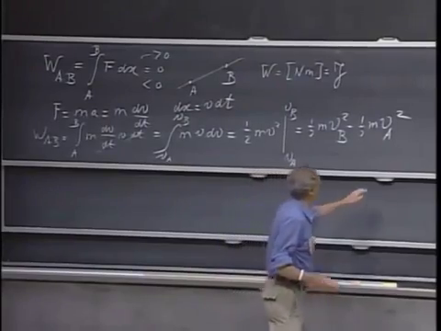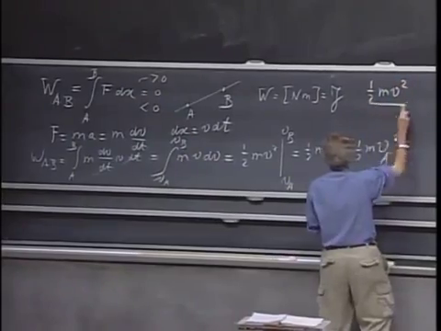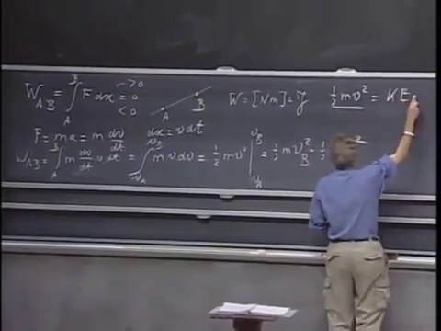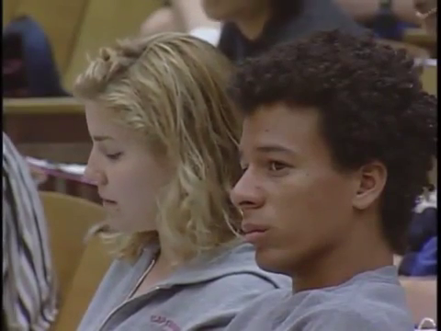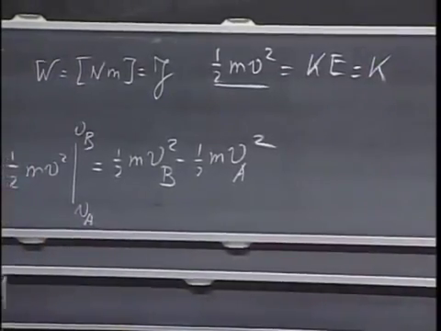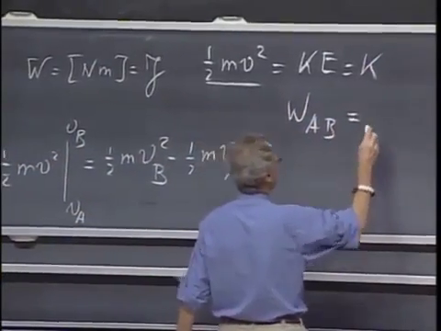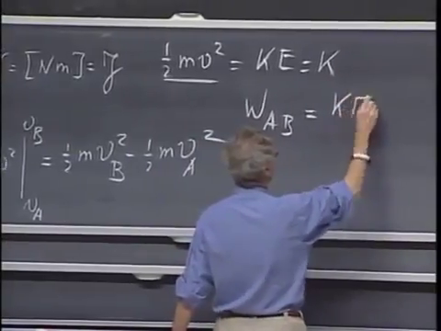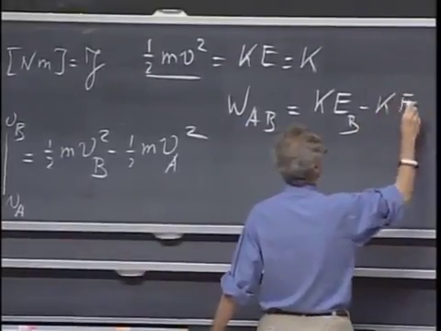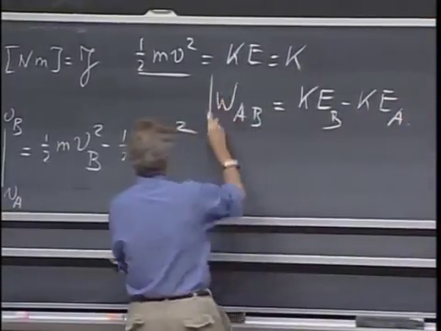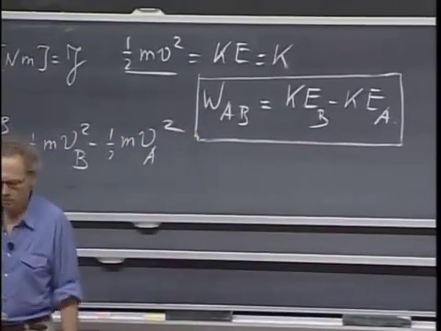1/2 m v squared is what we call in physics kinetic energy. Sometimes we write just a K for that. It's the energy of motion. And so the work that is done when a force moves from A to B is the kinetic energy in point B minus the kinetic energy in point A, and this is called the work energy theorem.